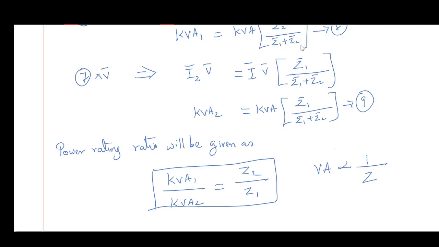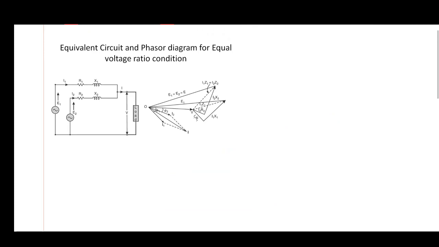Next we are going to discuss the load sharing during unequal voltage ratio. The corresponding equivalent circuit and phasor diagram for the unequal voltage ratio has been shown here. E1 is not equal to E2, and there will be a circulating current flowing through the circuit due to the unequal voltage ratio.